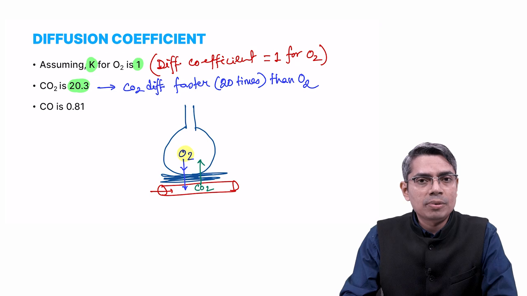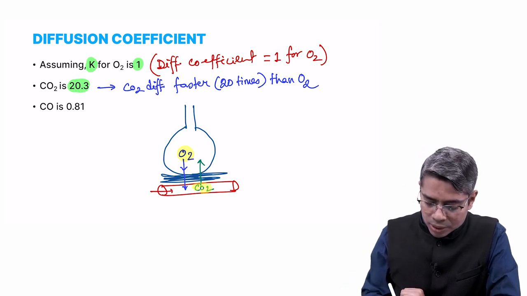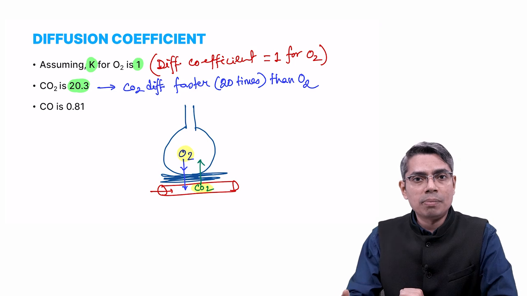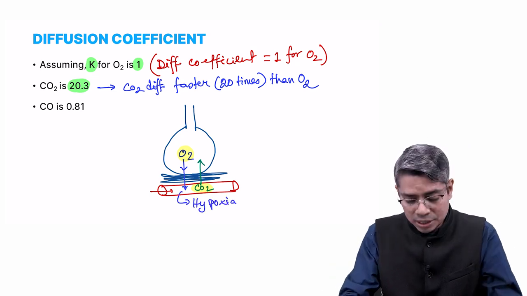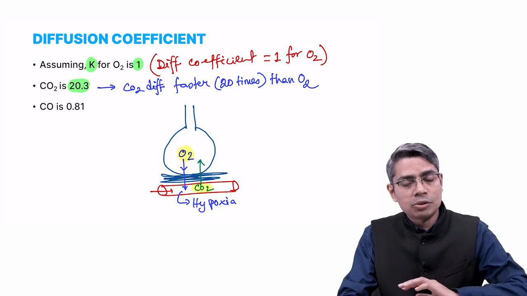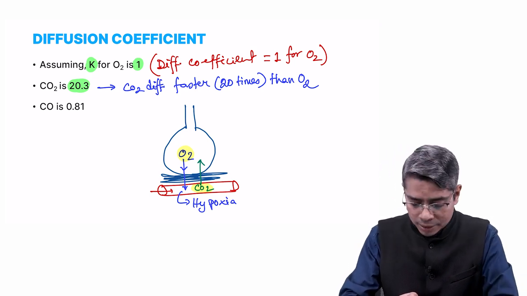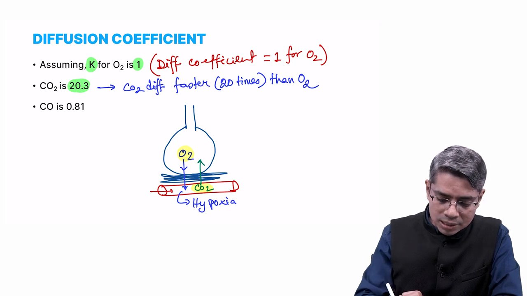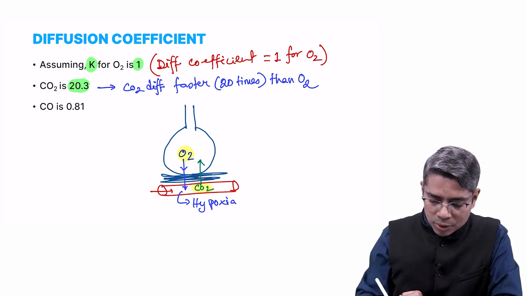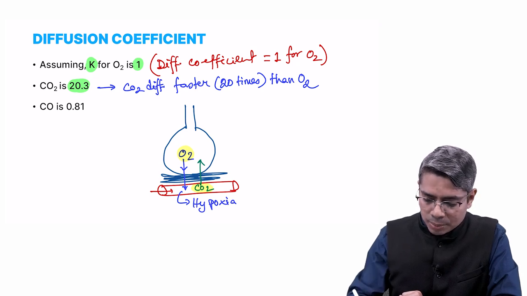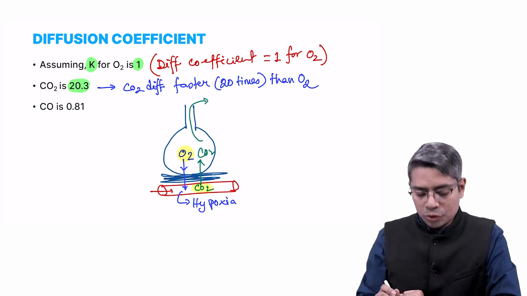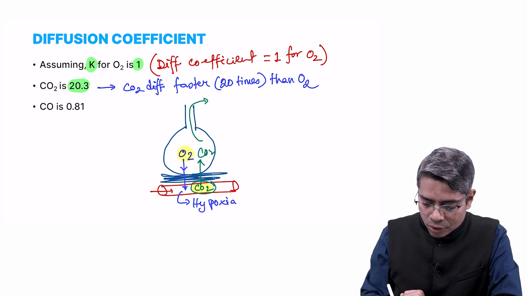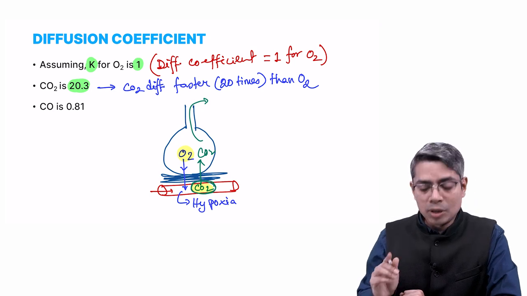So oxygen is suffering from a diffusion problem, but carbon dioxide will not suffer that much because the diffusion coefficient of carbon dioxide is 20 times faster than that of oxygen. So there will be hypoxia at the level of capillary blood. But carbon dioxide is not suffering from that kind of problem. So carbon dioxide will easily pass through this membrane and will be washed out from the lung. So the carbon dioxide is not going to accumulate at the level of capillary blood.